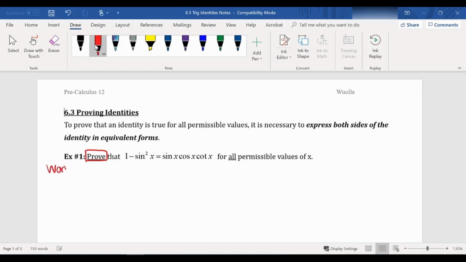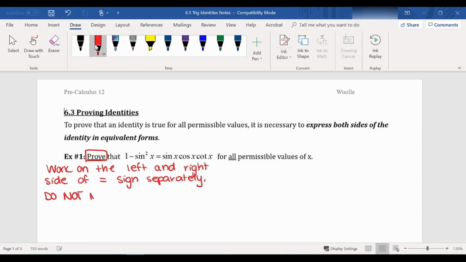So work on the left and right side of the equal sign separately. Do not move things from left side to right side and vice versa.